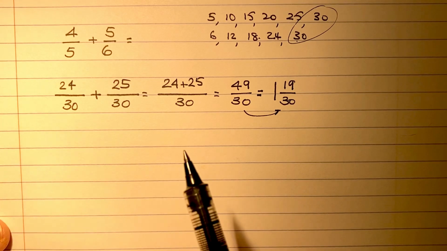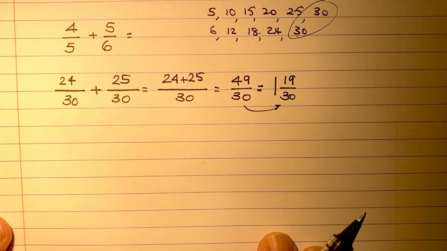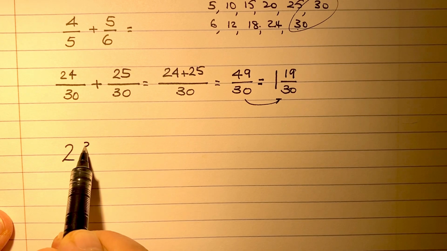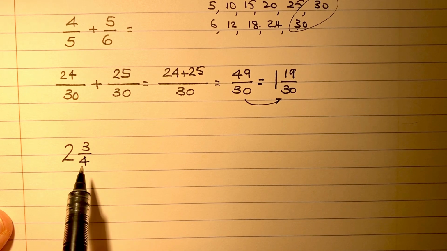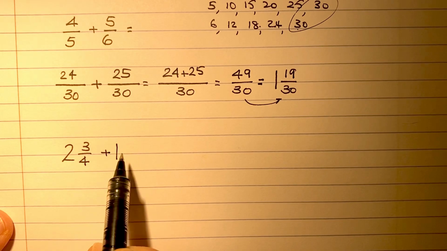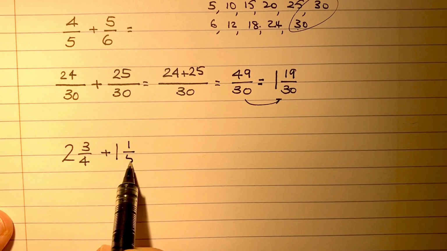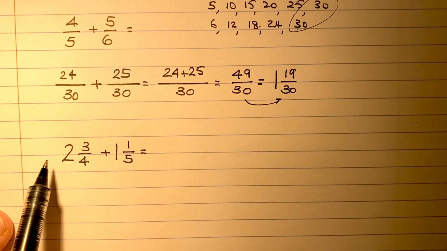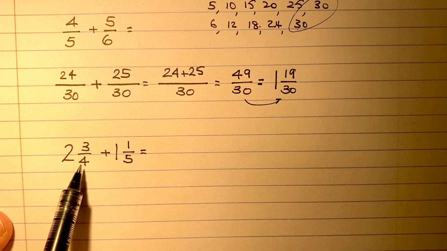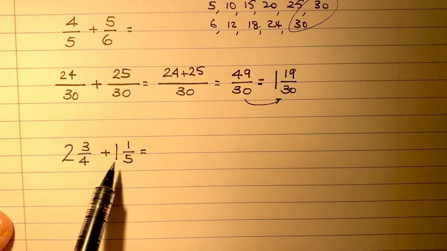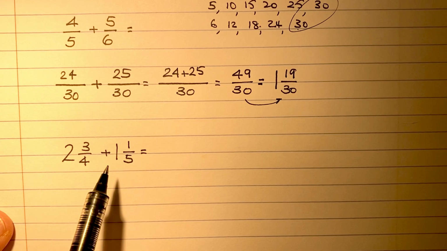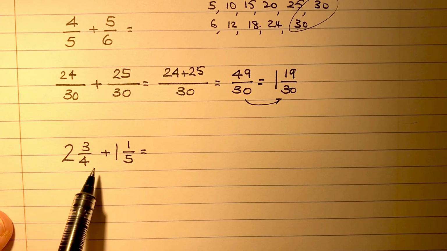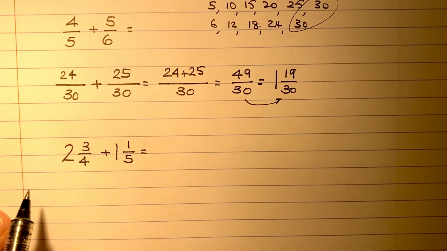Now, let's add and subtract mixed fractions. Say we have 2 3/4. We want to add 1 1/5. I would change all my mixed numbers into top heavy first, or improper, because when it comes to division and multiplication of fractions, that's the only option you have.